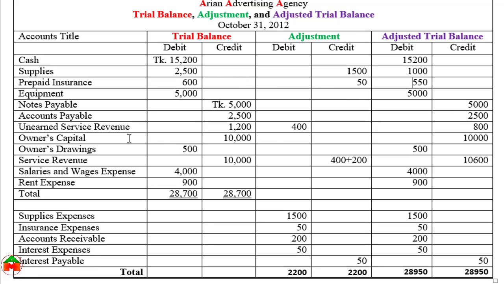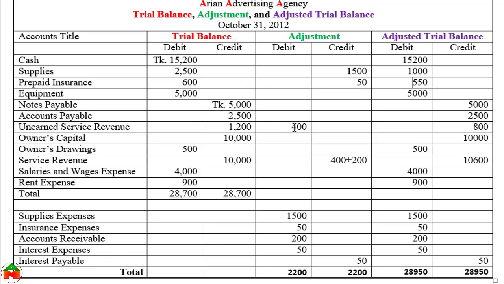Okay, so here unearned service revenue: here is a credit balance, here is a debit balance, so there are two different balances. When there are two different balances, we will deduct the amount. Actually, we know unearned service revenue is a liability. The balance of unearned service revenue will be a credit balance, but here is a debit balance, so we need to deduct this amount, 400.